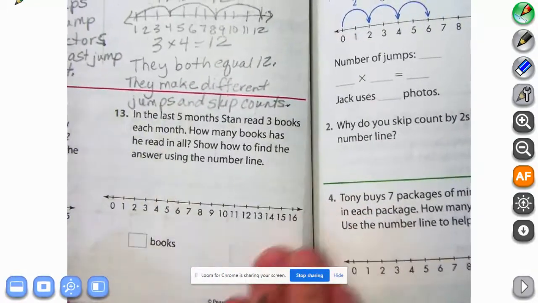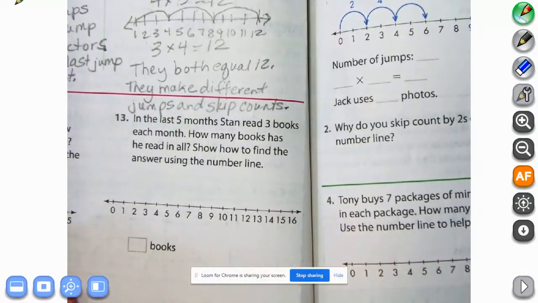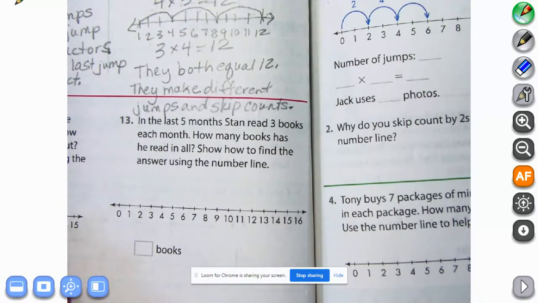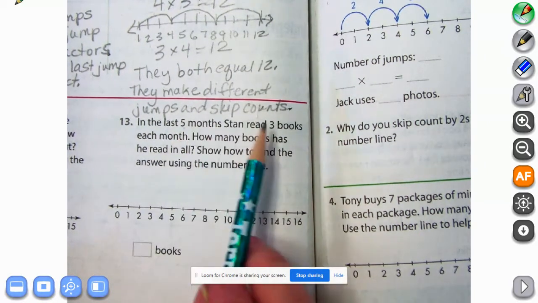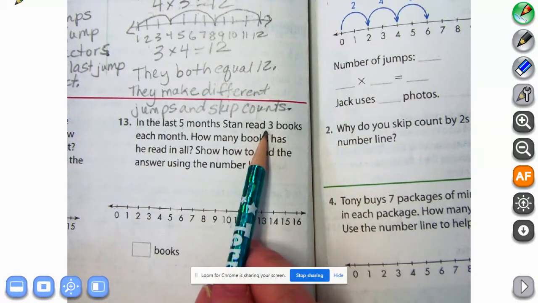Okay. Number 13. In the last 5 months, Stan read 3 books each month. How many books has he read in all? Show how to find the answer using the number line. Okay, so we're going to do 5 jumps, and each jump is going to be worth 3.